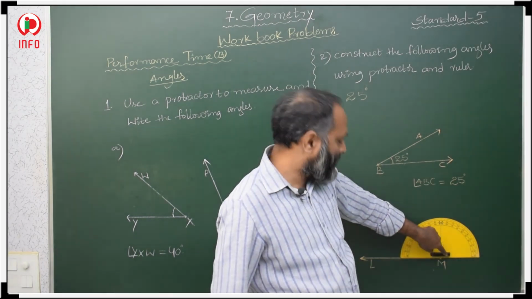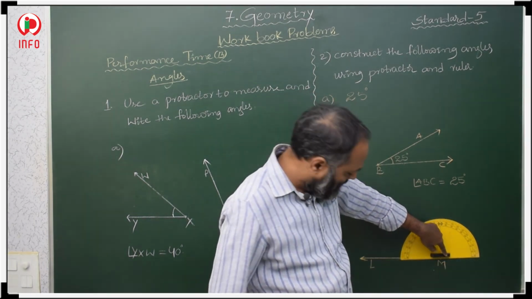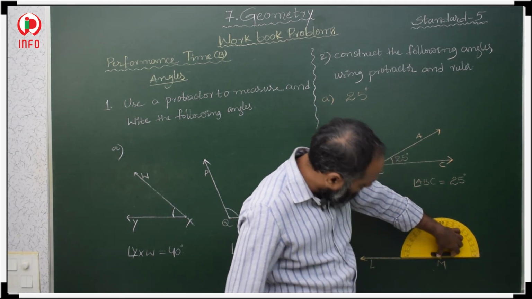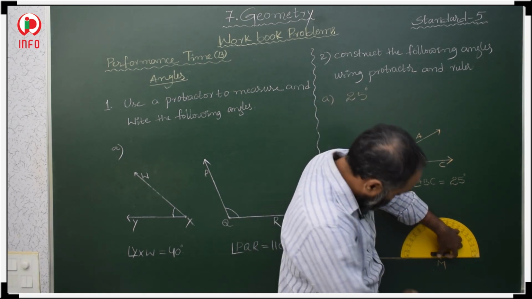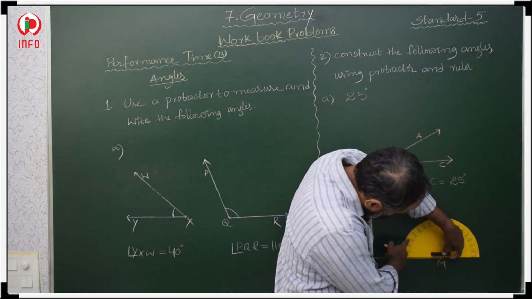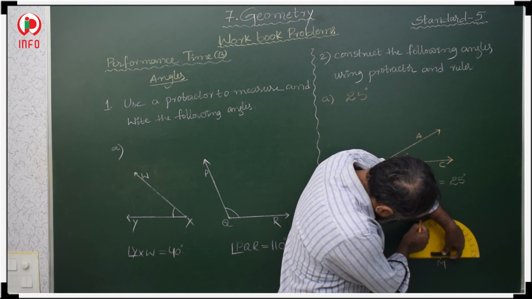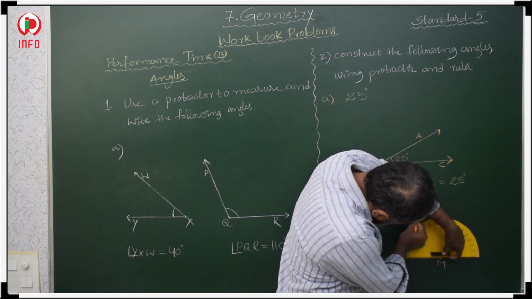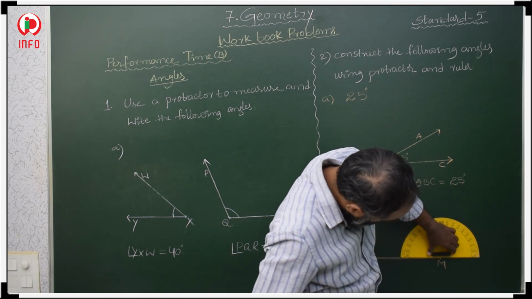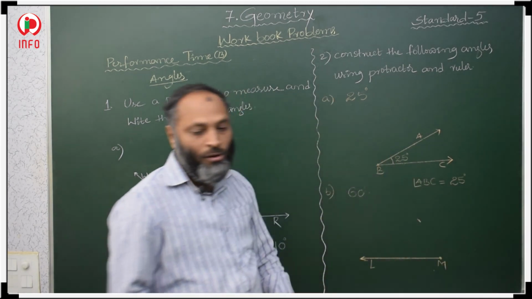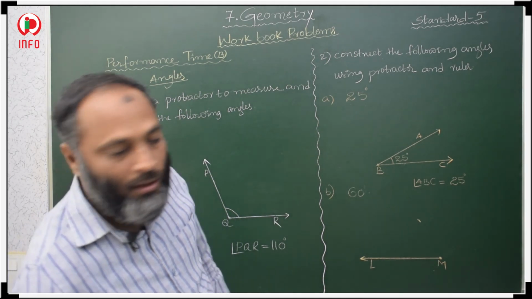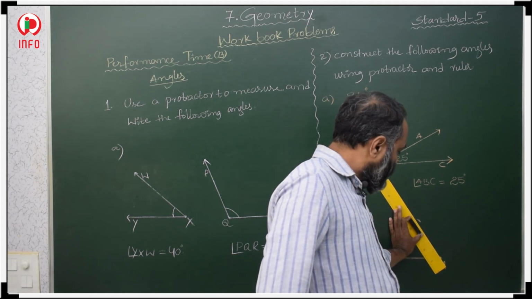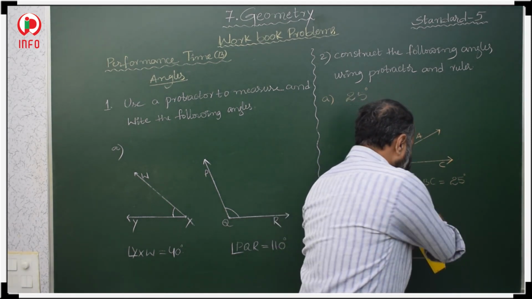This is the ray towards the left, so we have to take the upper values in the clockwise direction: 0, 10, 20, 30, 40, 50, 60. At 60 you mark one line. Then you have to remove the protractor, and with a ruler join this vertex and this mark.